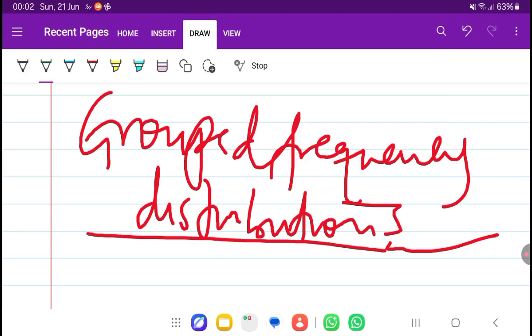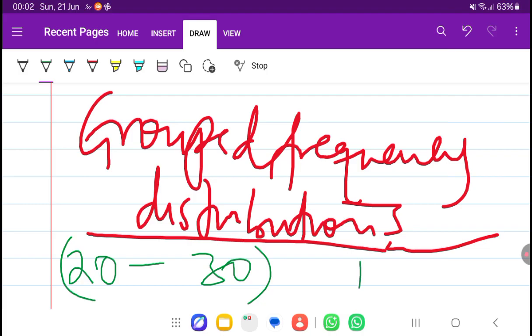If let's say within the data, I've got 20 to 30 as the class, it will be very hard for you to group such a class if maybe the frequency is just 1 or 0.